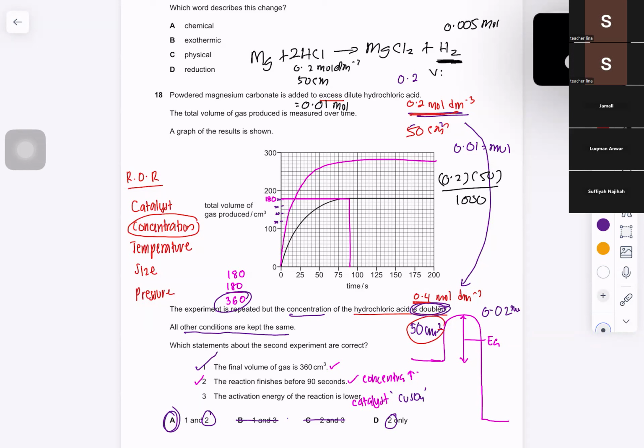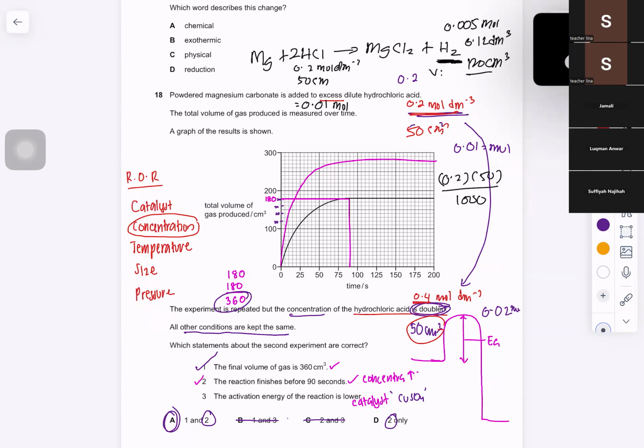So teacher timeskan dengan 24, teacher akan dapat 0.12 dm cube. So teacher timeskan dengan 1000, teacher akan dapat 12 cm cube. Okay. Sampai sini faham tak?